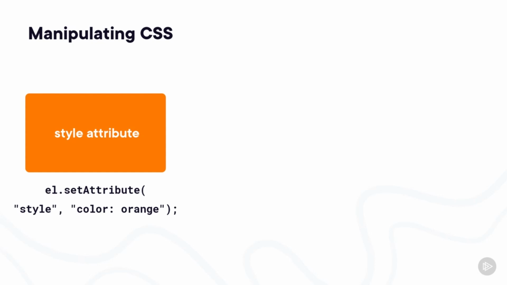So if we have an element we call setAttribute and then set style to, say, color:orange, this would apply this inline style to that element because it sets or adds the style attribute, and therefore the text in that element would be in orange.